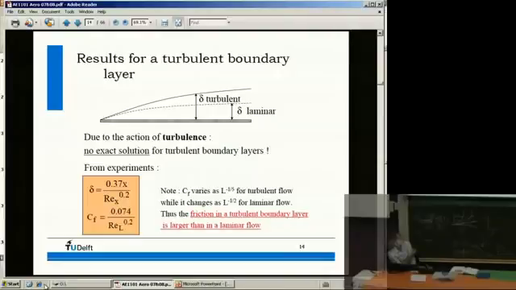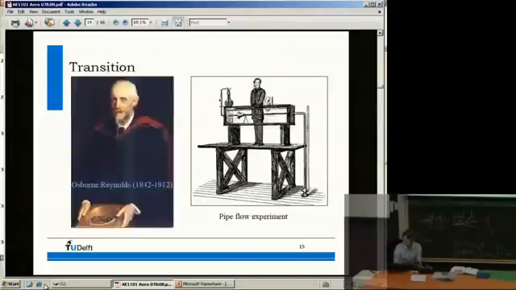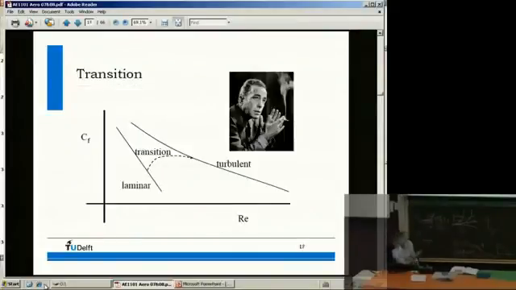If you would plot a turbulent boundary layer on this plate and a laminar boundary layer, the turbulent boundary layer would be thicker after transition, because of all these small eddies. A very nice picture of transition from laminar to turbulent is smoke from a cigarette. Laminar, laminar, laminar, turbulent.